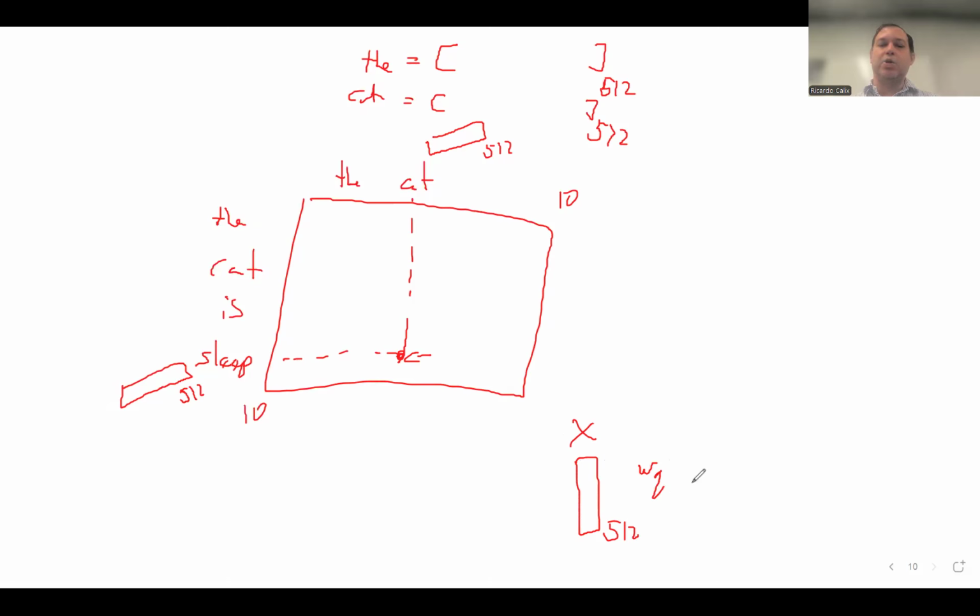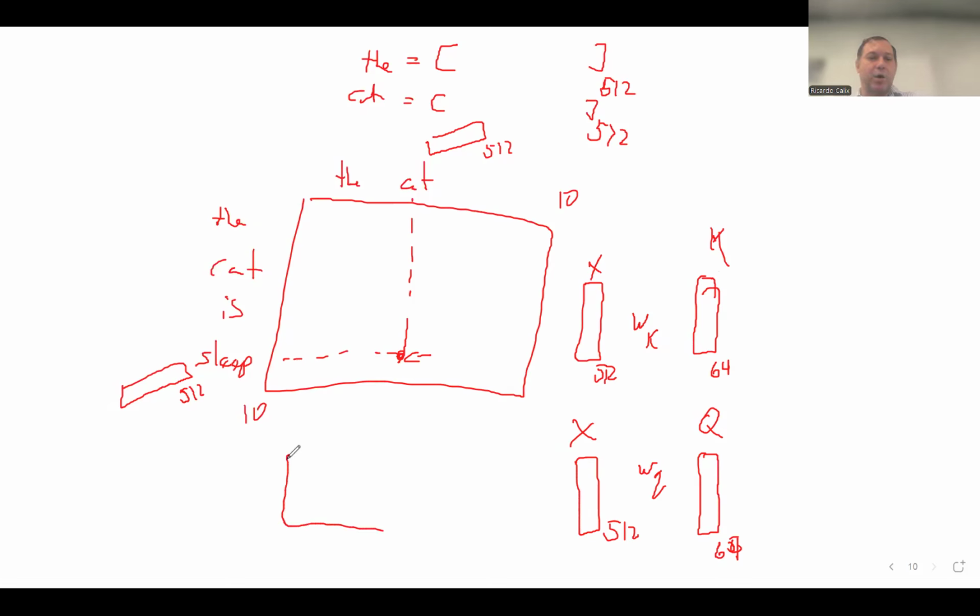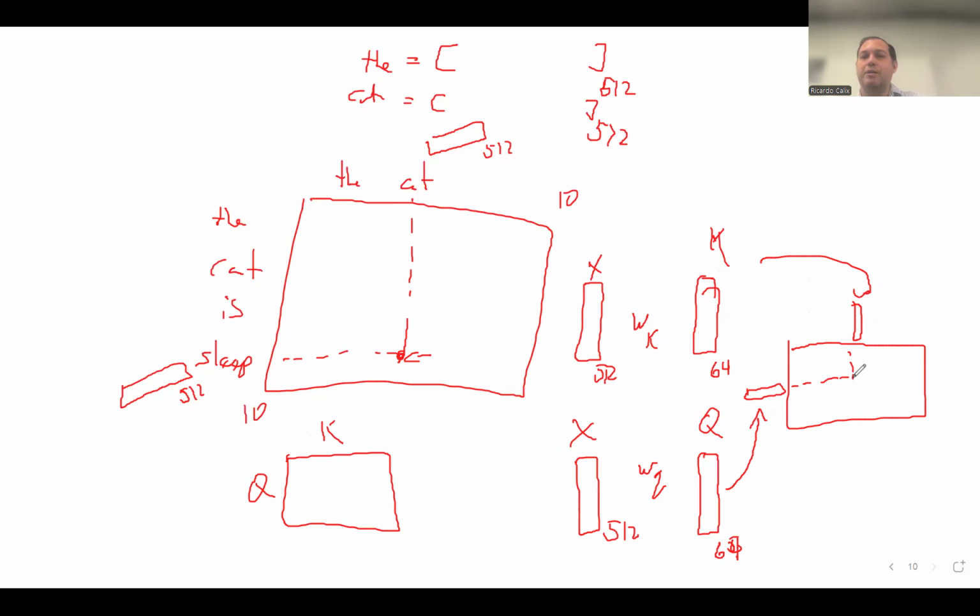X is a vector of 512, and then there's a weight Q. For just one token, it makes it 64, and that's your Q. But also, the same X at 512 with a weights matrix of K transforms that vector of 512 to a vector of 64, which is K. And when I say QK, I'm essentially saying, this vector of 64 and that vector of 64, if I take the dot product of them, it's one value.